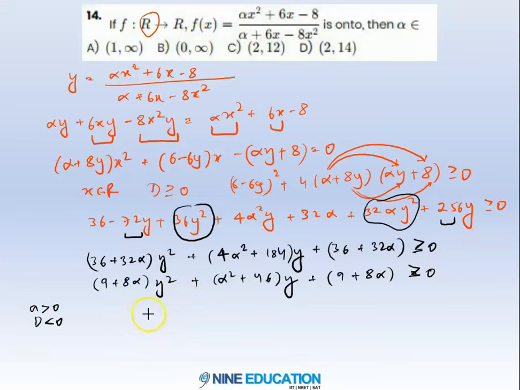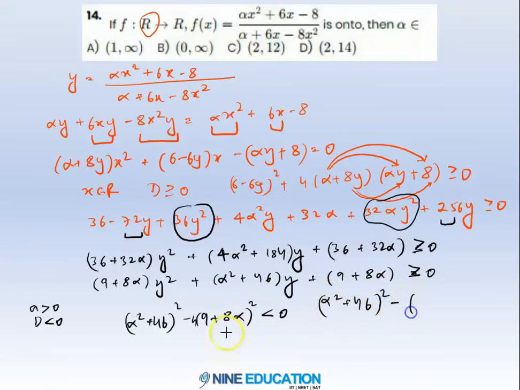So if I calculate the D value for this, it is going to be (alpha square plus 46) whole square minus 4 times of (9 plus 8 alpha) into (9 plus 8 alpha), which is (9 plus 8 alpha) square. I can send this 4 inside the bracket as a 2 because there is a square already on the bracket. So it will become (18 plus 16 alpha) whole square less than 0.